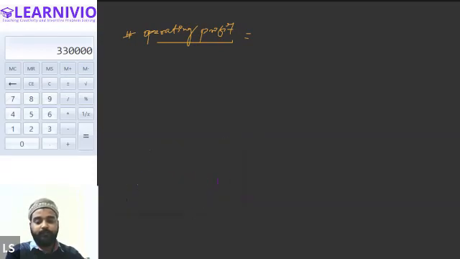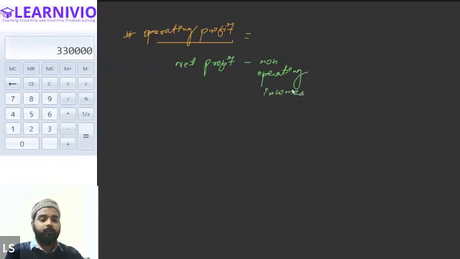Let's say if there is a net profit in the question, like we have received in this question, the net profit is 3,30,000. So out of the net profit of 3,30,000, we will reduce all the non-operating incomes, and we will add back non-operating expenses.